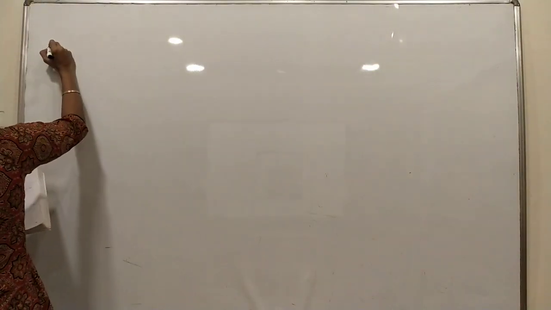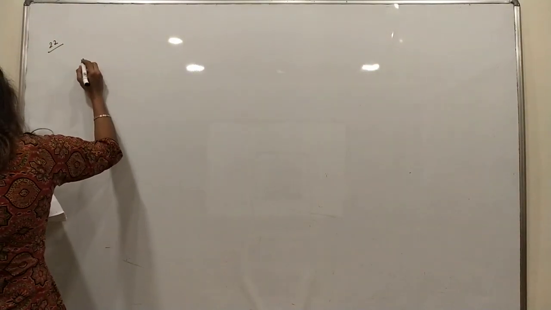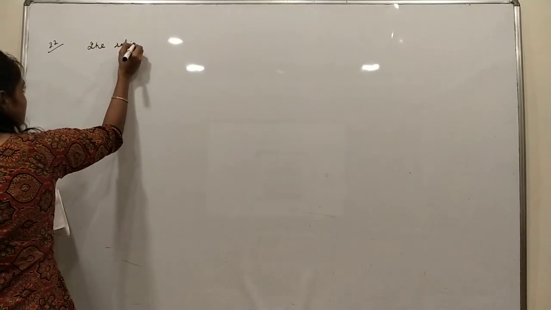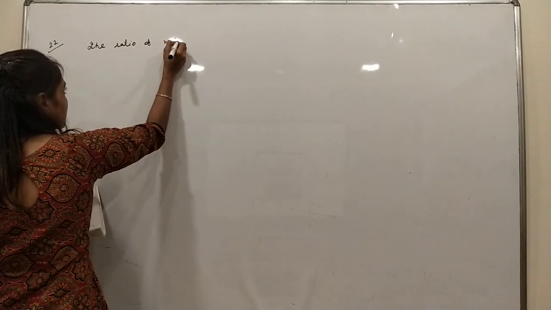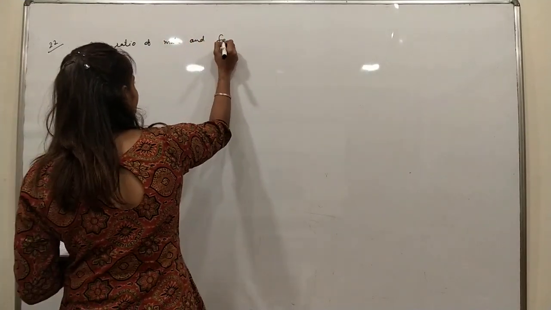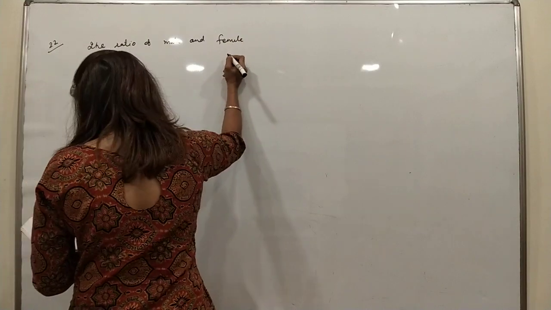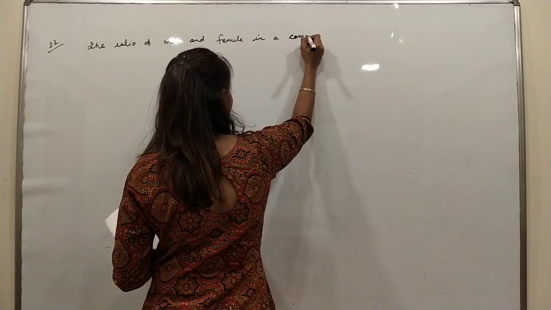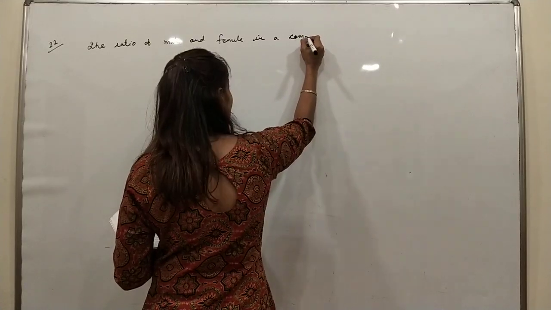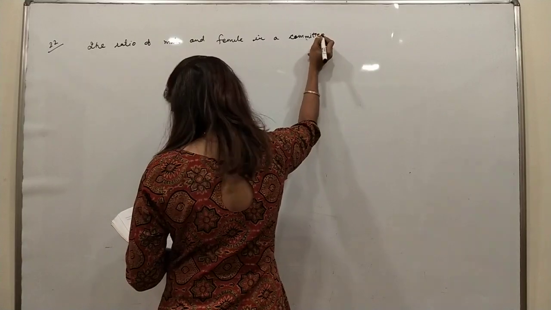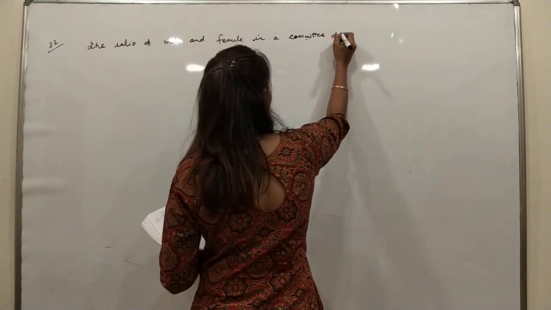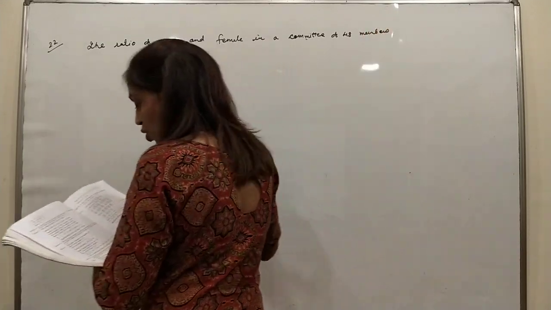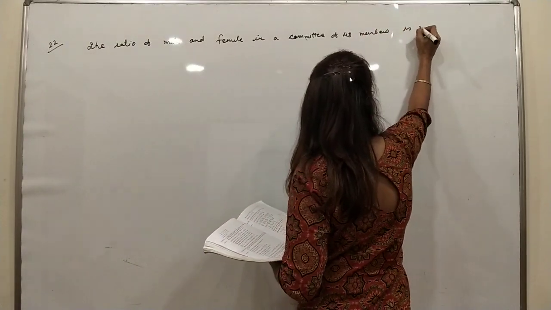Example number 22. The ratio of male and female in a committee of 48 members is 3:1.